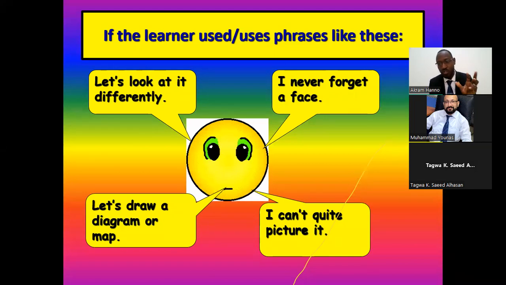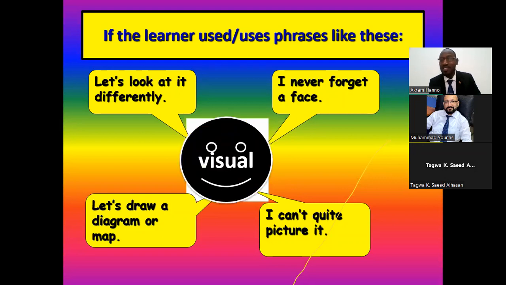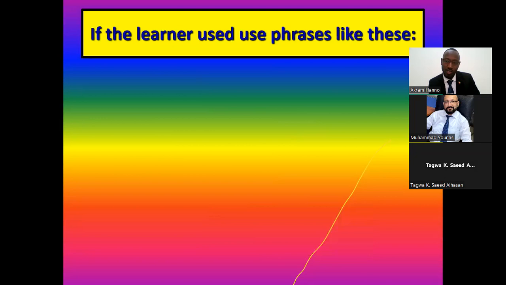If a student told you so, think about which style may best suit him. "I can't quite picture it," or "Let's draw a diagram or map." This is visual. We ought to understand that this is a visual student, who has a visual learning style.